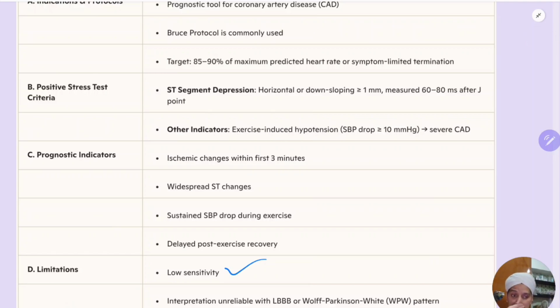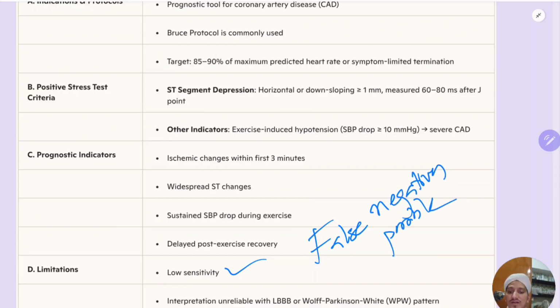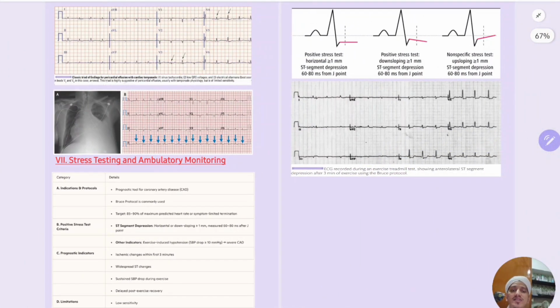If the changes are present, then definitely the disease is there, but false negatives are possible, in simple words. And one more thing is, interpretation is unreliable if the patient has LBBB or WPW pattern in his ECG. In those patients the changes are unreliable.